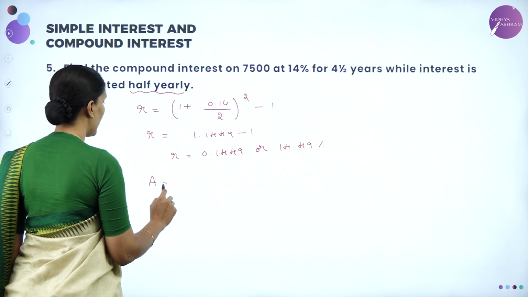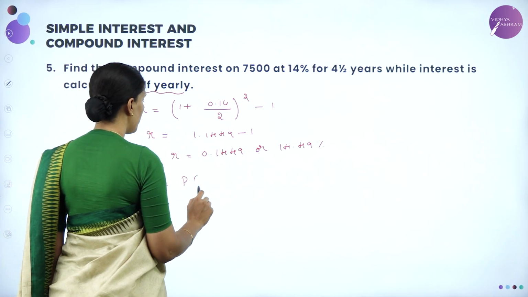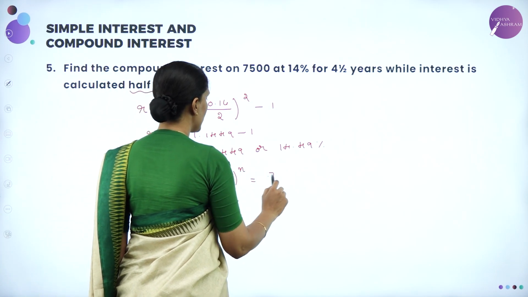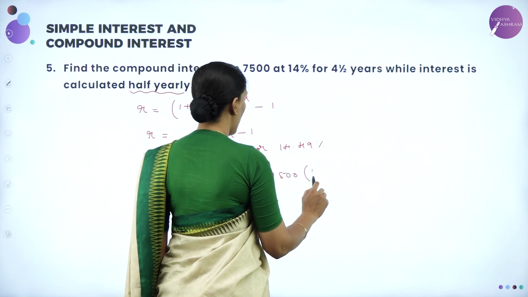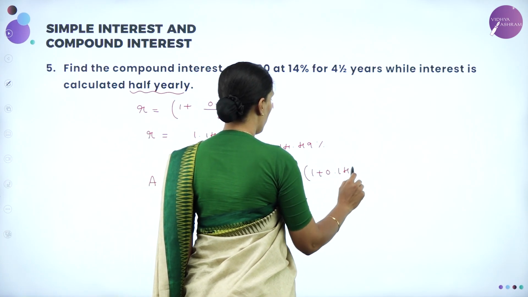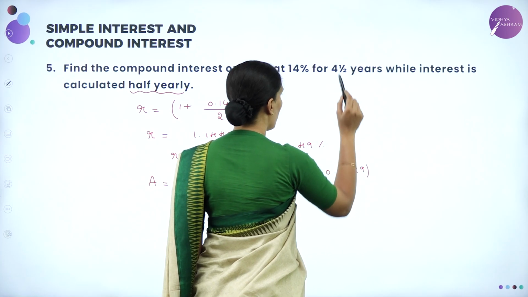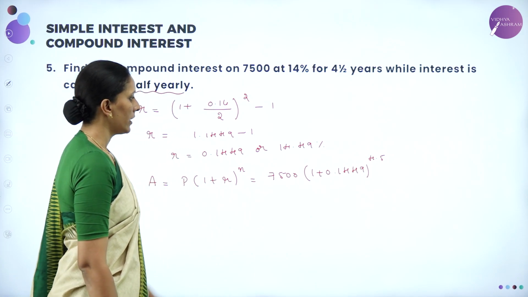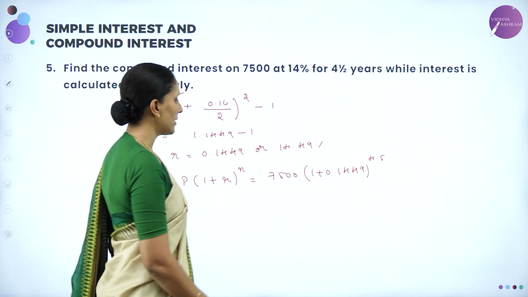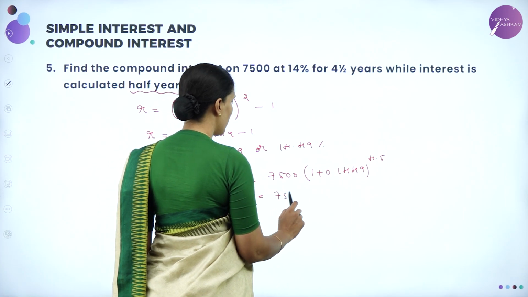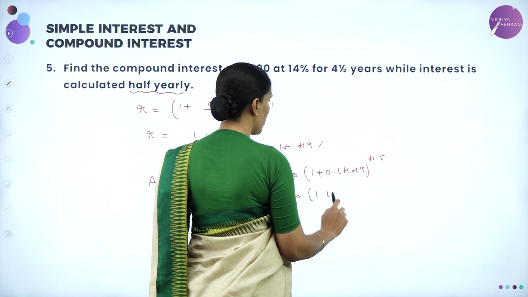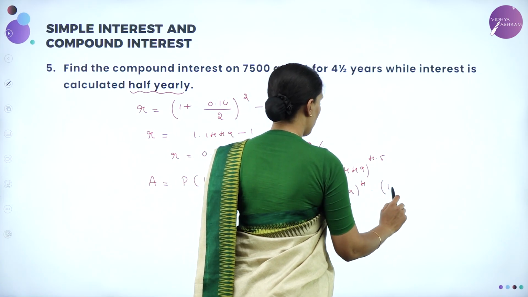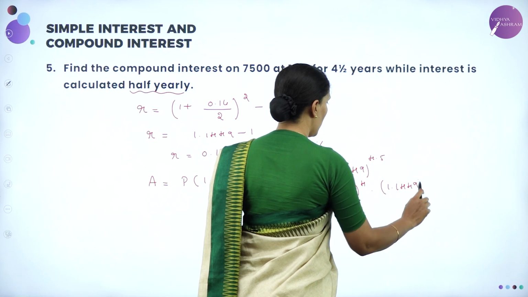Now we need to calculate the compound interest in this problem. So first let us calculate the amount. So amount is principal into 1 plus R whole to the power n. Now principal is 7,500. R is 0.1449 and number of years is 4 1 by 2, which can be written as 4.5. So here they can also be separated, considering the power, as 7,500 into 1.1449 whole to the power 4 into 1.1449 whole to the power half.